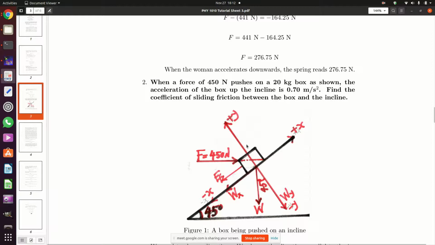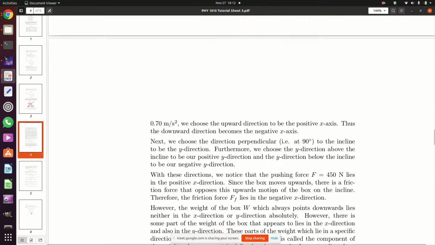Furthermore, since that's our y direction, we need to have an idea of which one is going to be our positive y direction and which will be our negative y direction. If you choose this to be your y direction, then you need to tell us which side is positive and which side is negative.